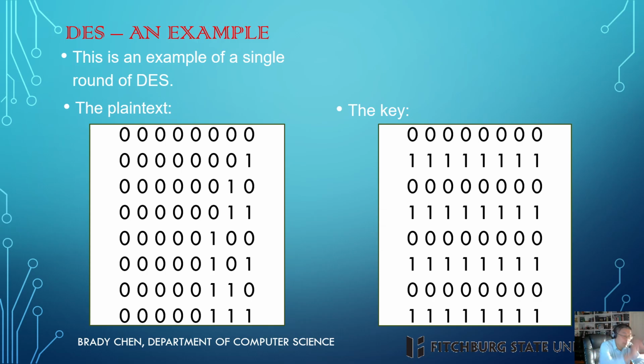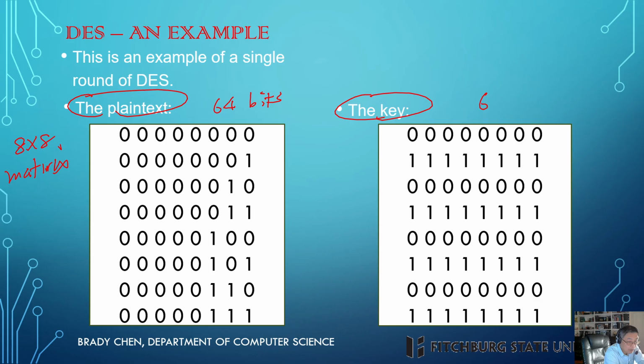The plain text is a 64-bit binary string organized into an 8 by 8 matrix. Similarly, the key is also 64 bits organized into an 8 by 8 matrix.